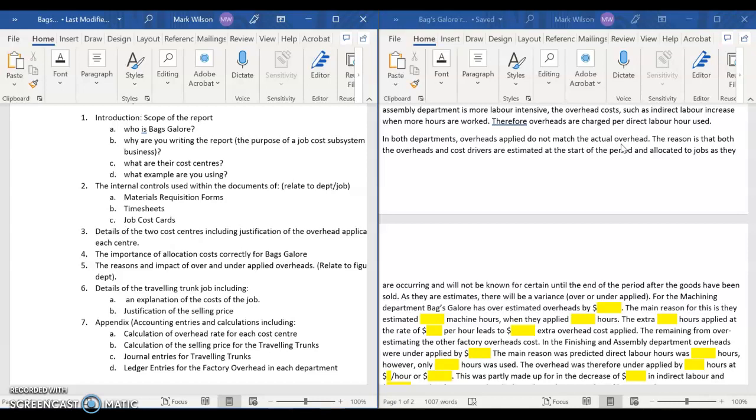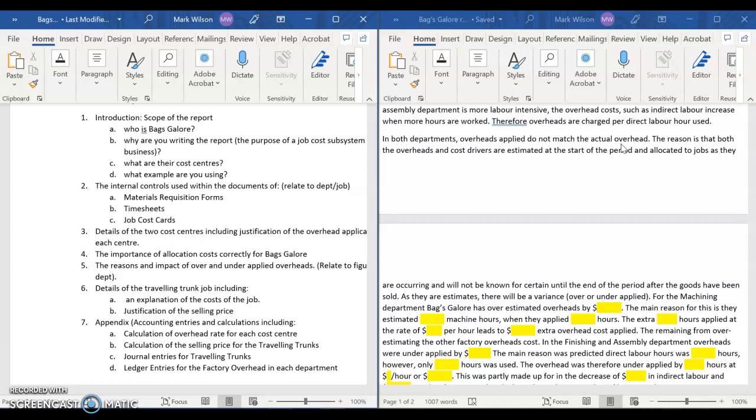Examples where there are differences: particularly for the machining department, remember we're using machine hours on that. We estimated that there were going to be 40,000 machine hours, and the actual machine hours are 44,000. Make sure you can find both those figures. So we allocated 4,000 more machine hours than we expected.